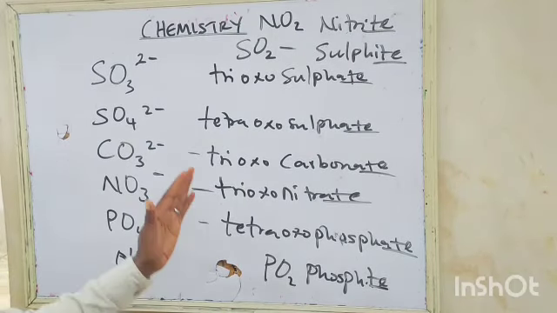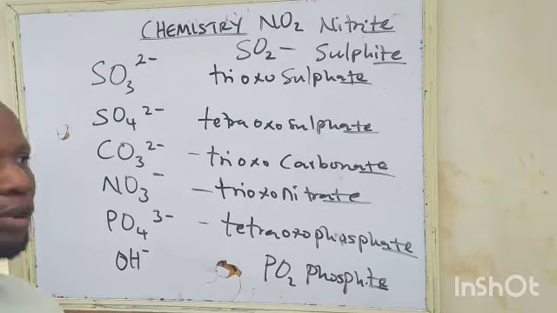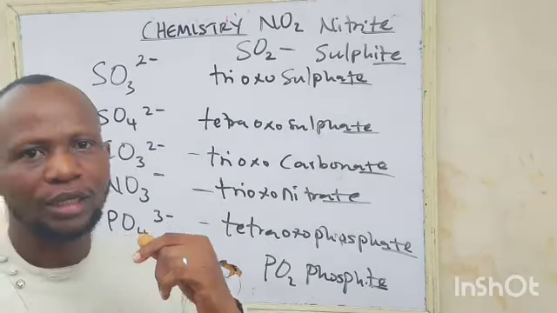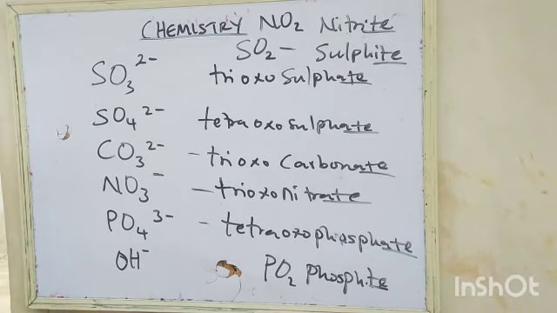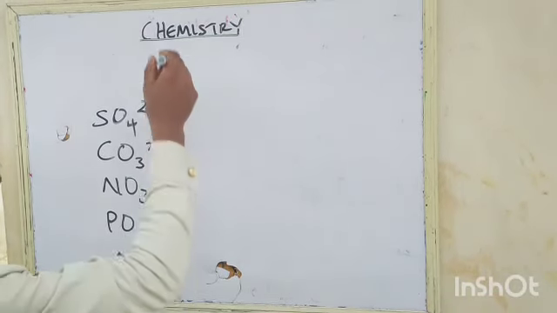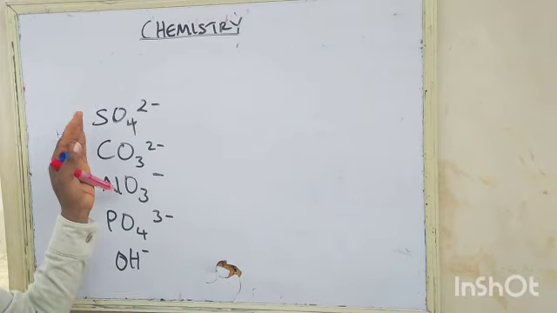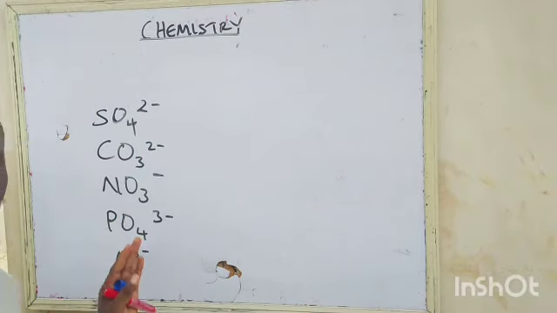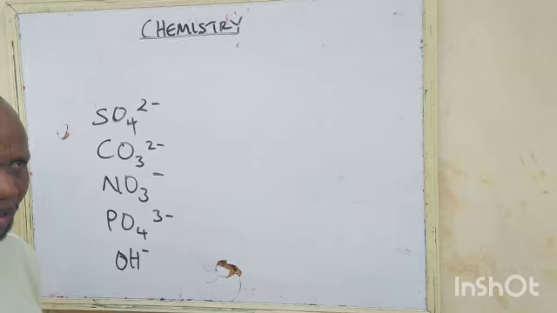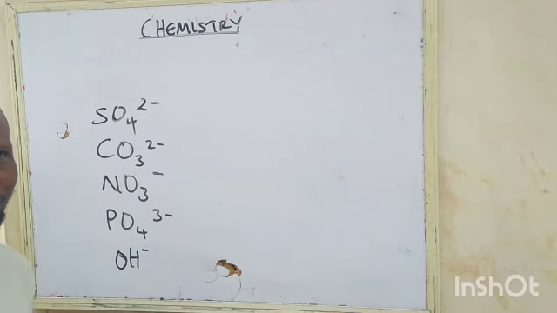So today, we'll be using these radicals to write molecular formula. And then we move quickly to IUPAC name of the periodic table. Now quickly, sulfites or sulfates, tetraoxo sulfates, these are also called acidic radicals. They are acidic.